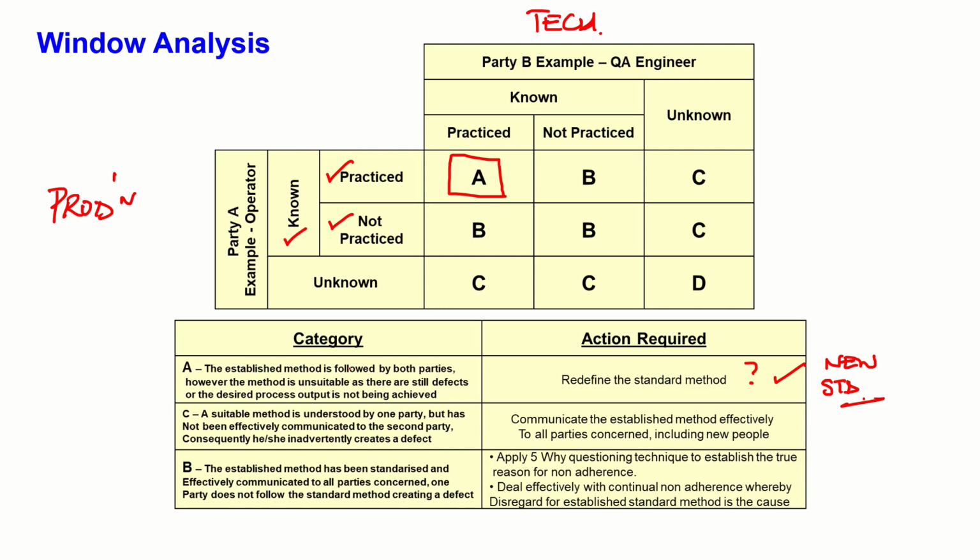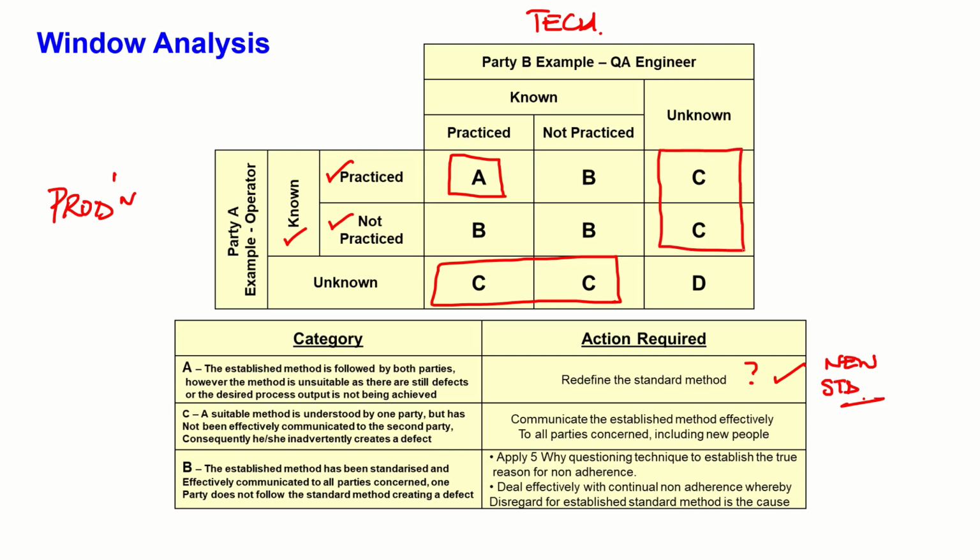Then we jump on a little table here, we jump then to category C. So C here, look, is down the bottom. So essentially, the standard operating procedure is known by the technical department, but it is unknown by the production department. So it says, look, communicate the established method effectively to all parties concerned, including new people. So that's pretty much, and it doesn't matter whether it's production on its own or production and the technical department on its own.